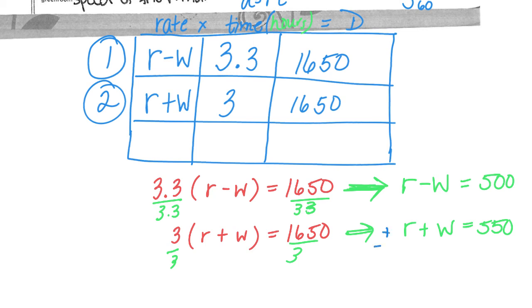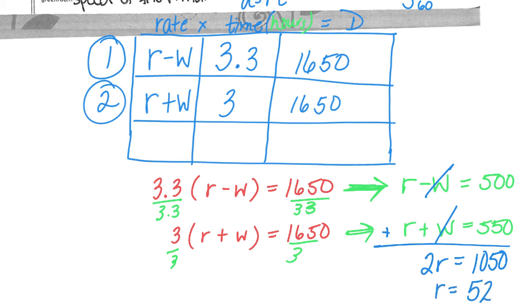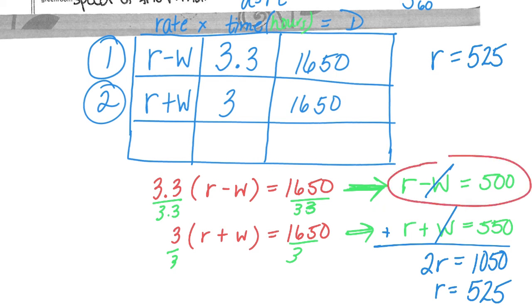And now when I add down, these cancel out, and I get 2r is equal to, why I'm using a calculator, I don't know, 1050. And when I divide each side by 2, I know the rate is 525. So remember that this is the rate of the plane. And I would plug it into an original.